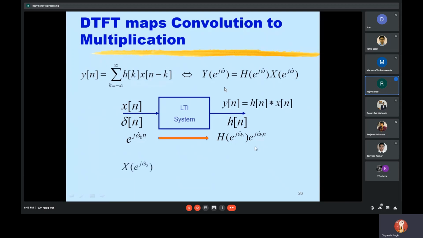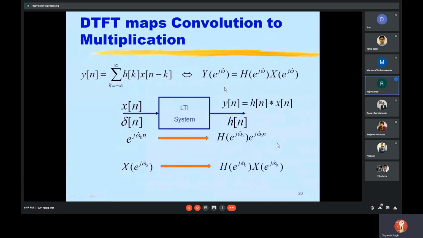This is the idea of the eigenfunction. This equation is something extra.